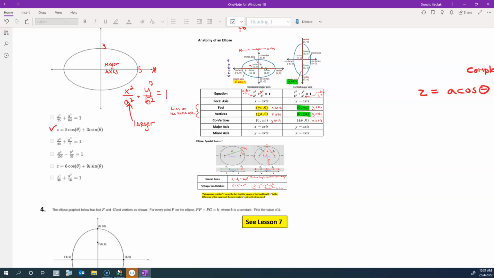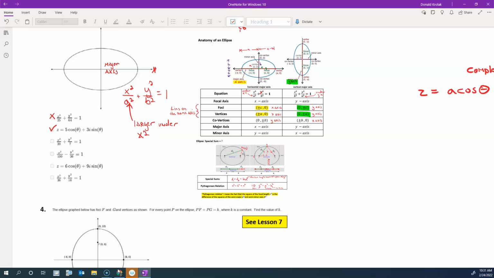Okay? It can't be the first one because 25 is smaller than 64. So the larger value has to be under the x squared value because of the way that it's laid out.